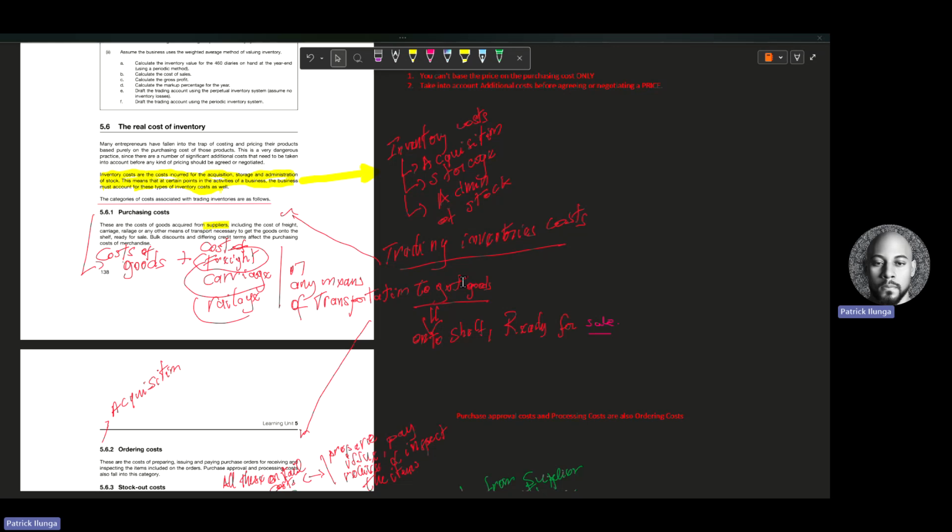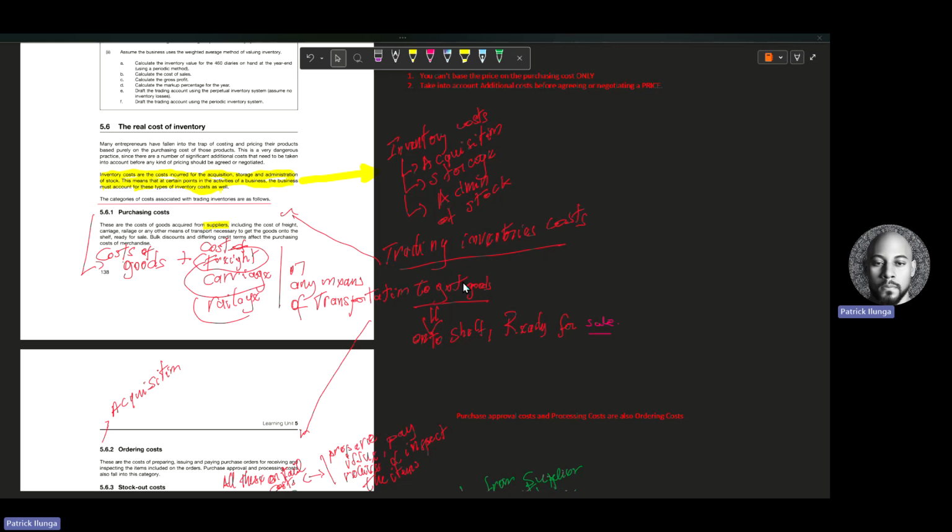So just bear in mind that acquisition, you can look at as ordering cost. Storage, you can look at as carrying or holding cost. And the administration of costs is very important. So you have about three things that are very fundamental when it comes to inventory cost, right?